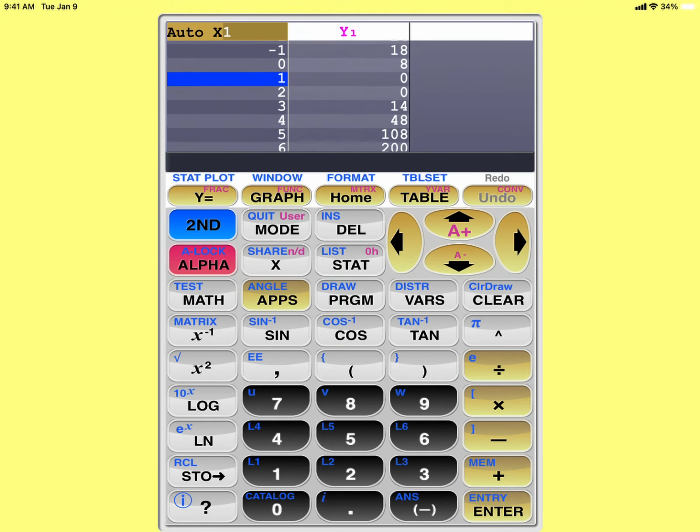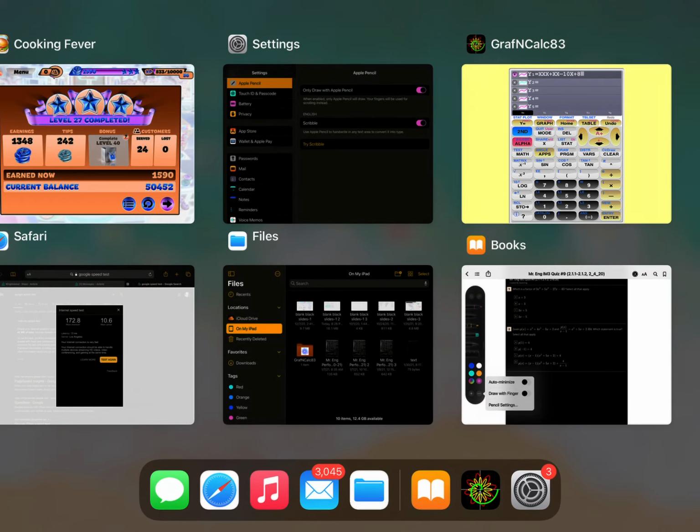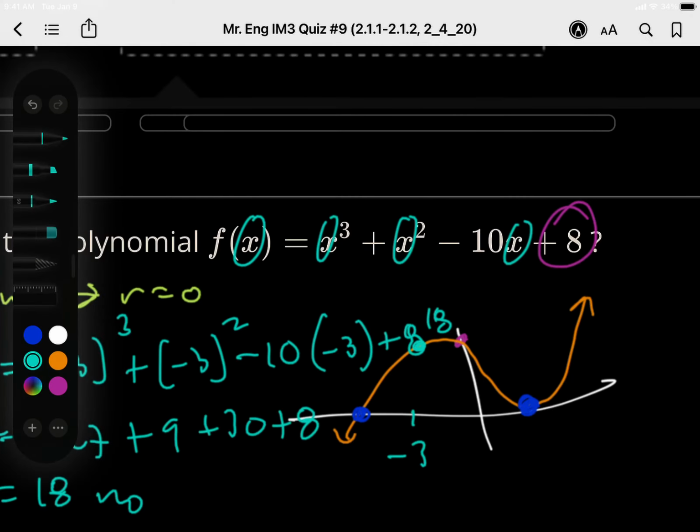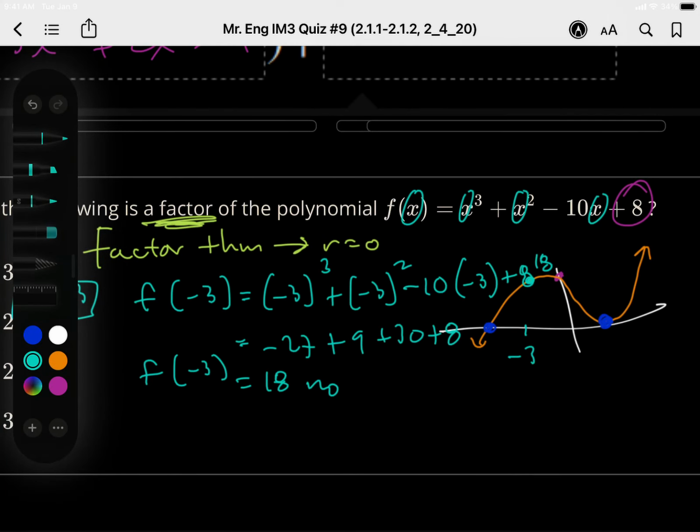So if you scroll down here, uh-oh, we made a mistake. It says 20 is my answer. Do you guys see that? What did we do wrong? Plus x squared minus 10x plus 8. Uh-oh, our work is wrong. Let's check. Can you see it?